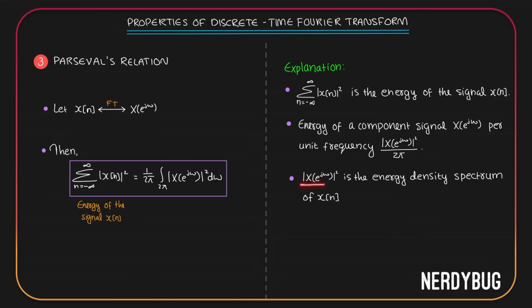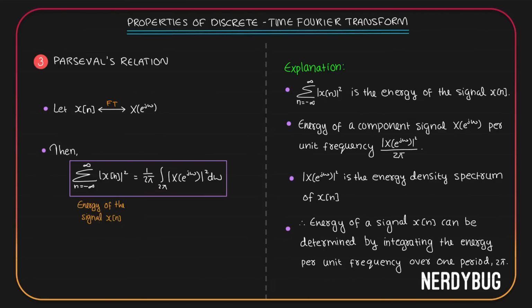Here magnitude of X of e raised to j omega squared can be called the energy density spectrum of x of n. And if we integrate it over an interval 2 pi, which is 1 period, we get the total energy in the Fourier transform. So we can conclude, according to Parseval's relation, energy of a signal x of n can be determined by integrating the energy per unit frequency over 1 period, which is 2 pi.